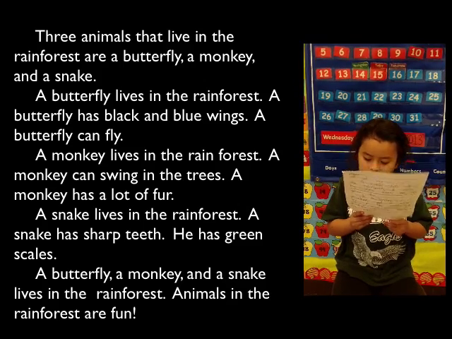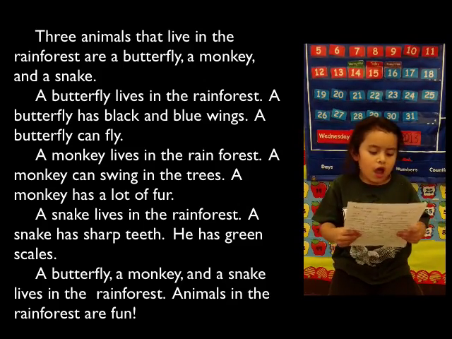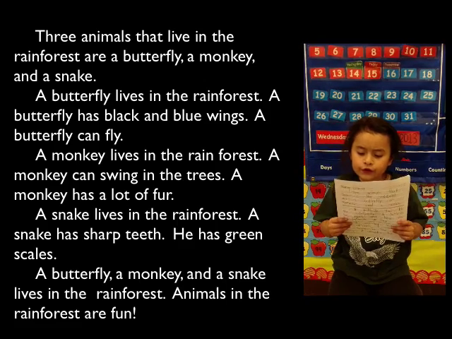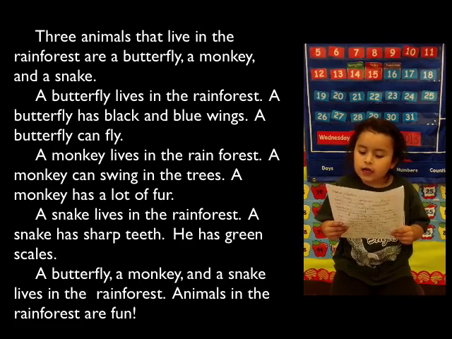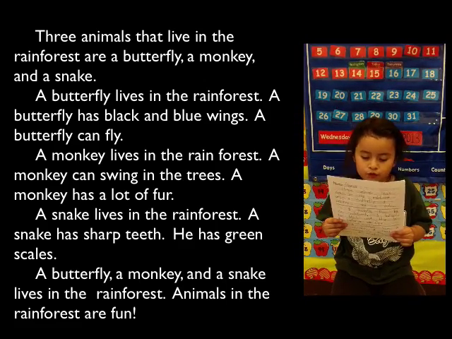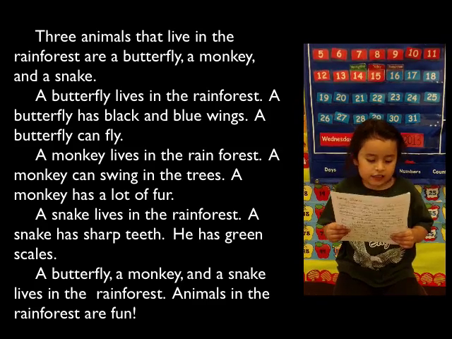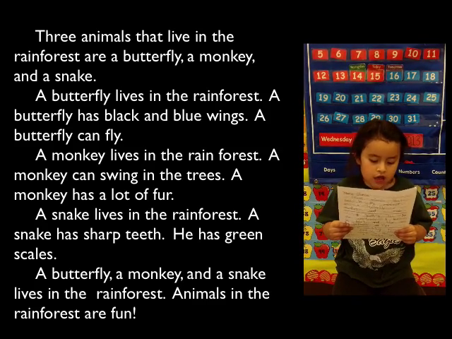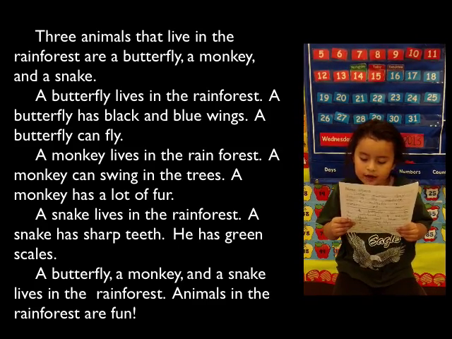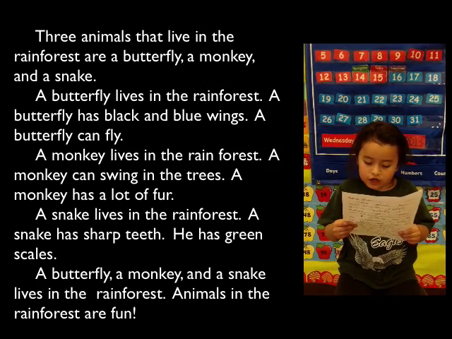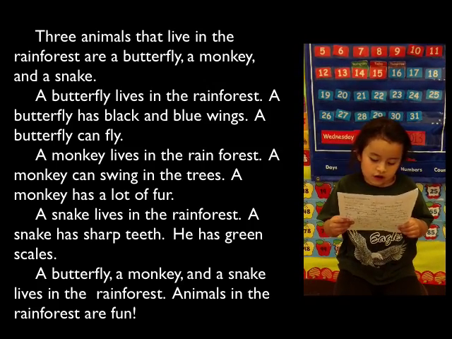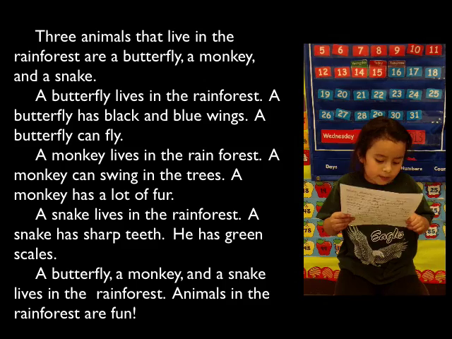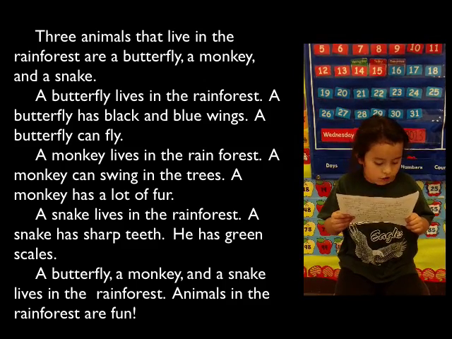A monkey has a lot of fur. A snake lives in the rainforest. A snake has sharp teeth. He has green scales. A butterfly, a monkey, and a snake lives in the rainforest. Animals in the rainforest are fun.